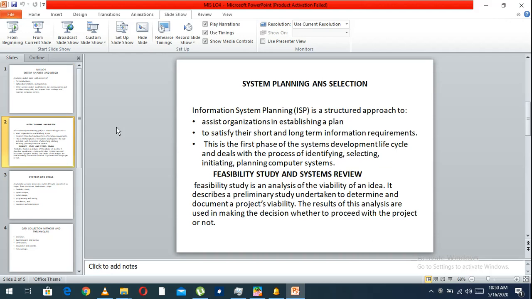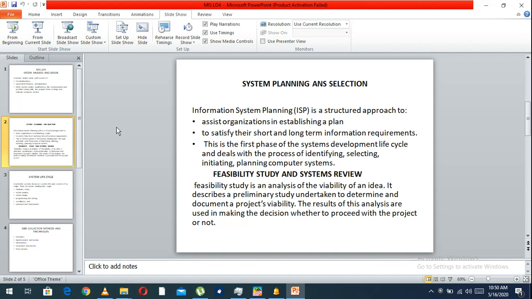Our next heading is systems planning and selection. Information system planning is a structured approach to assist organizations in establishing a plan. It also satisfies their short and long-term information requirements.